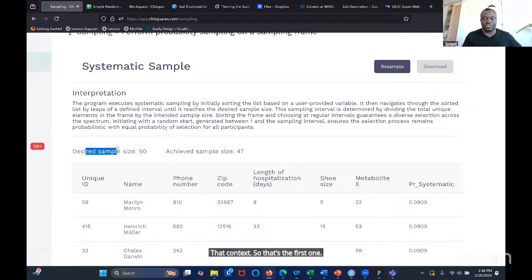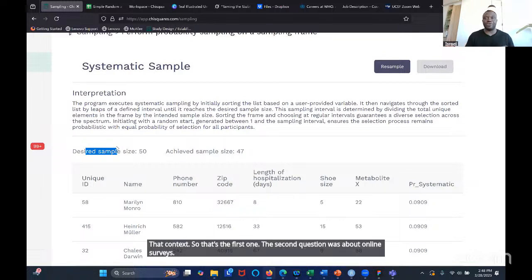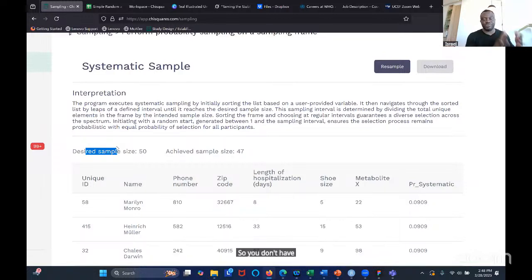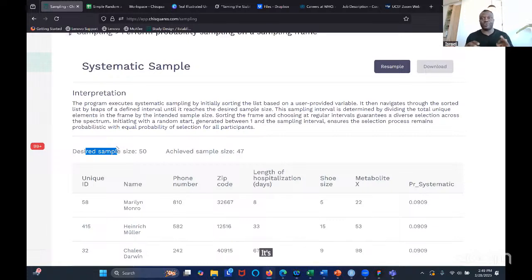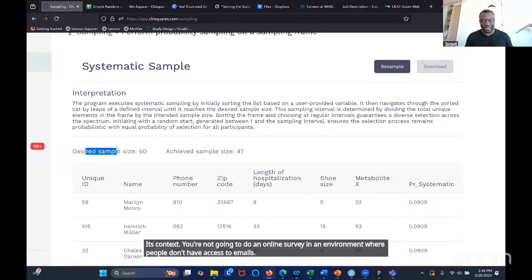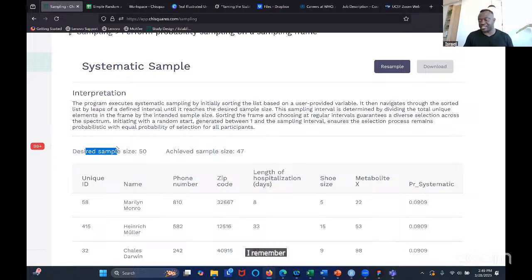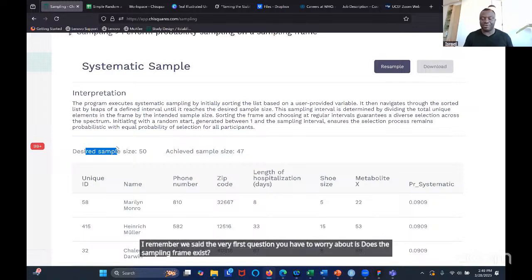The second question was about online surveys. So you don't have resources, but you want to do an online survey for a national survey. How is that going to work? It's context. You're not going to do an online survey in an environment where people don't have access to emails. And remember, we said the very first question you have to worry about is, does a sampling frame exist, or can I create one?